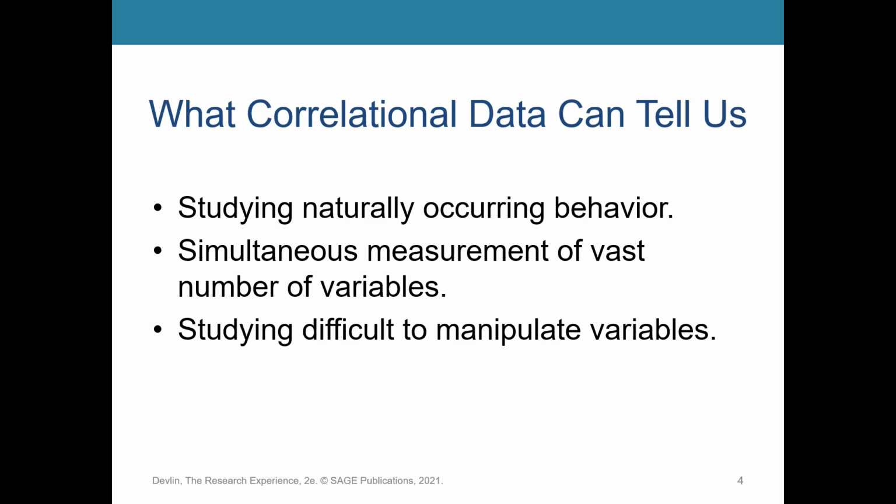The great thing about correlational research is we can measure a vast number of variables. So we could conduct large surveys and we could explore different phenomena and we can get lots and lots of participants. We also like to do correlational research where it's not really ethical or feasible to manipulate variables of interest.